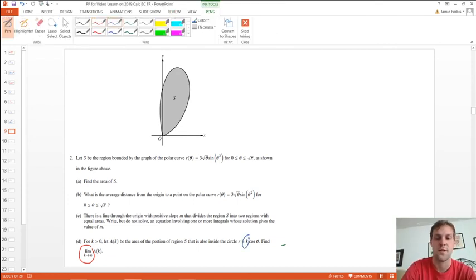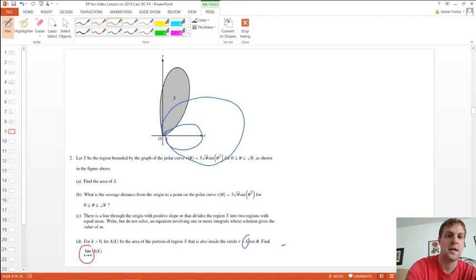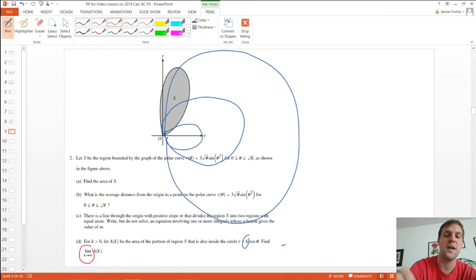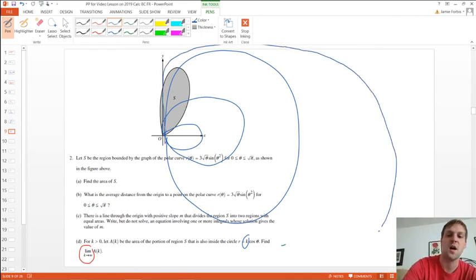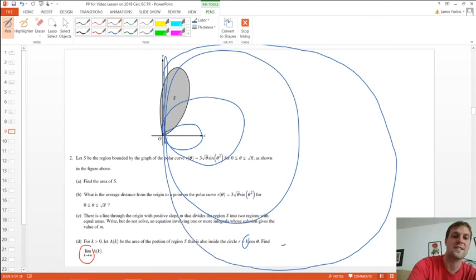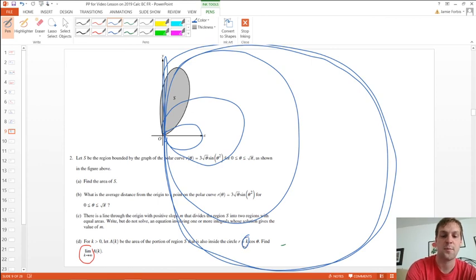But if you keep graphing bigger and bigger numbers for k, here's k is 5, here's k is 10, here's k is 100, and as k approaches infinity, eventually that circle is going to encompass the entire right side of the y-axis. If you don't believe me, keep typing bigger and bigger numbers in for k in your equation, k cosine theta, into r, and it's just going to keep becoming a bigger and bigger circle.